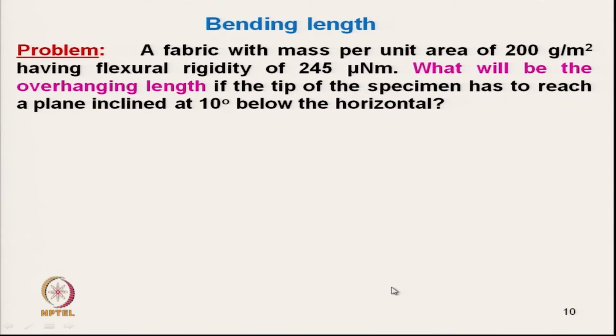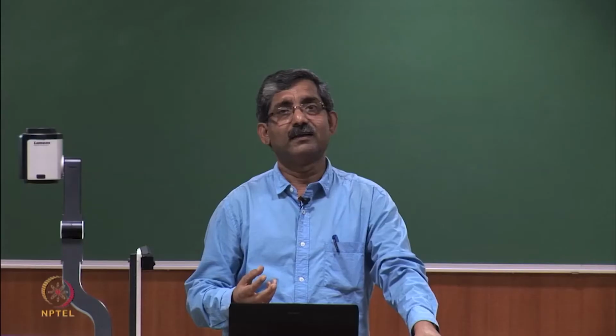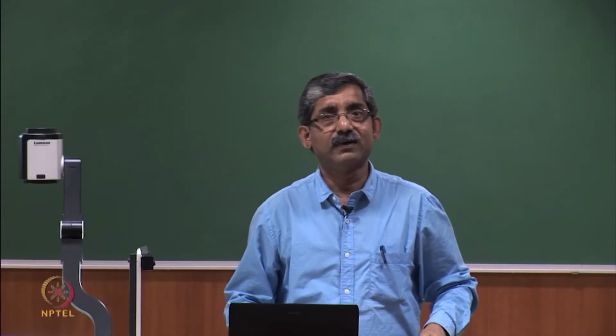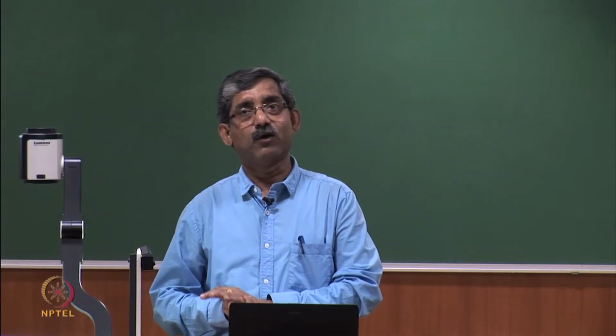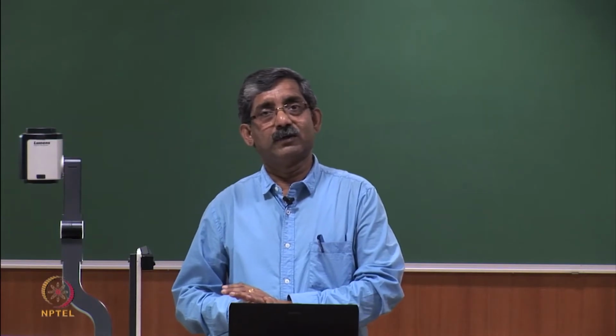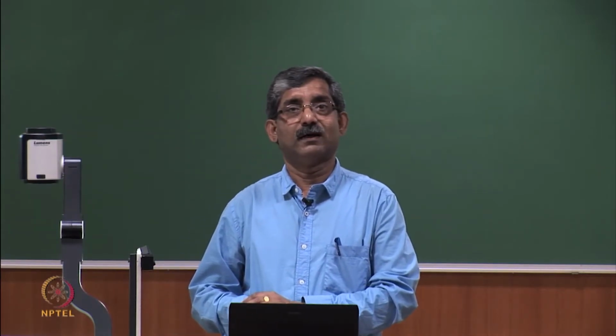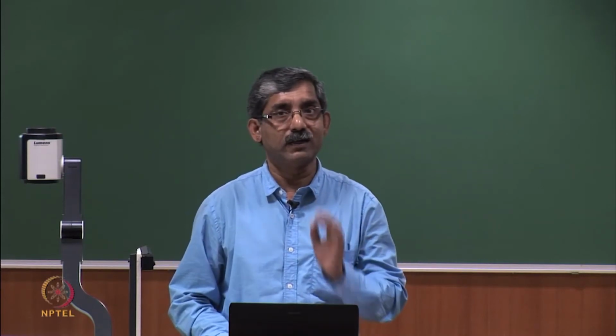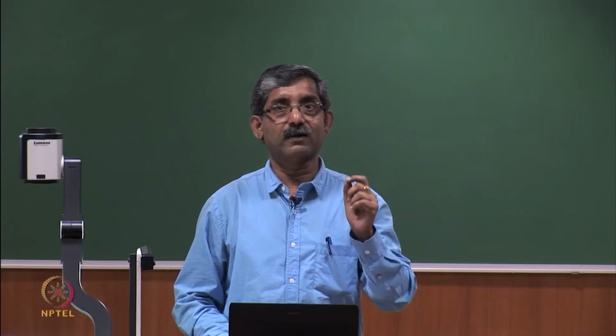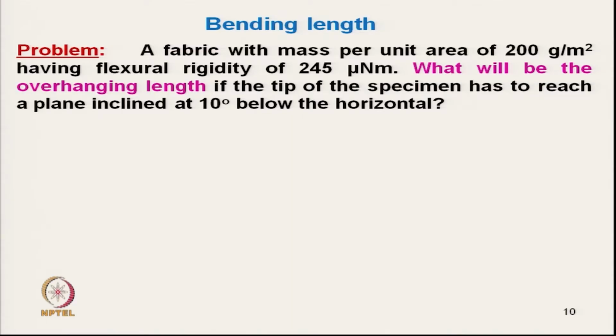Now, let us try a couple of numericals to understand how to find the overhanging length from different known parameters. So, here the problem is a fabric with a mass per unit area of 200 gram per square meter, having a flexural rigidity of 245 micronewton meter.